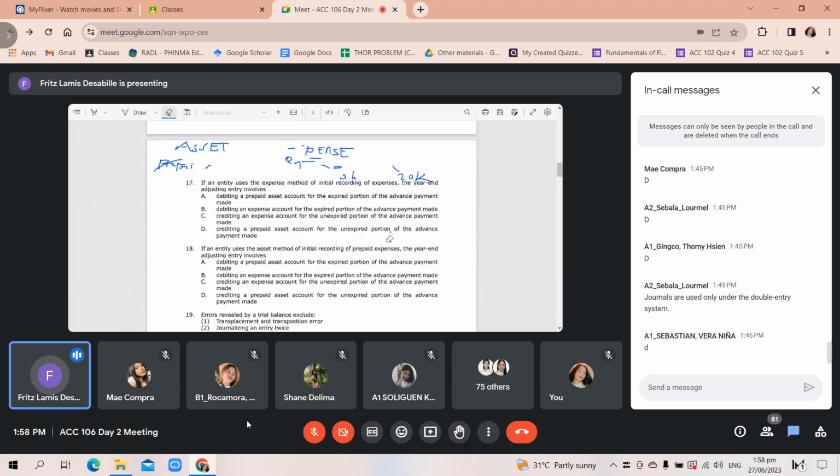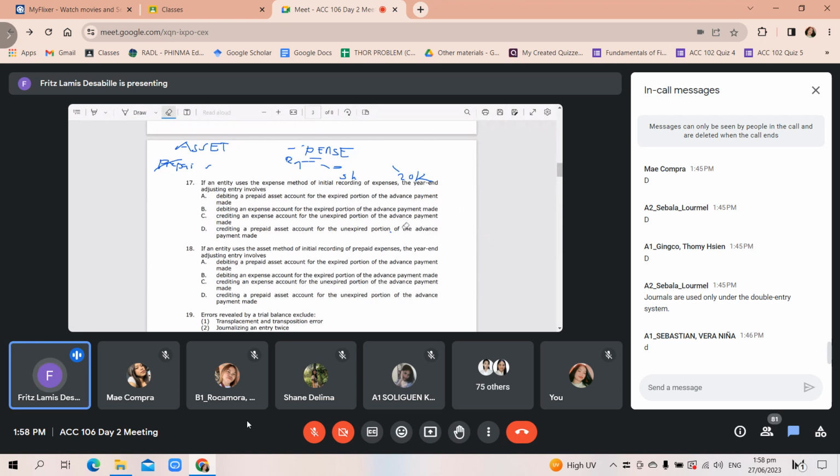So if an entity uses the expense method of initial recording of expenses, you record rent expense and credit cash. So what is your year-end adjusting entry?